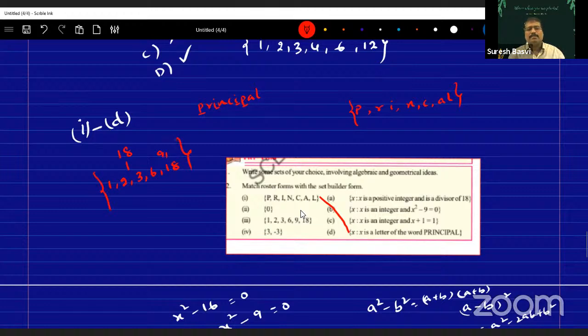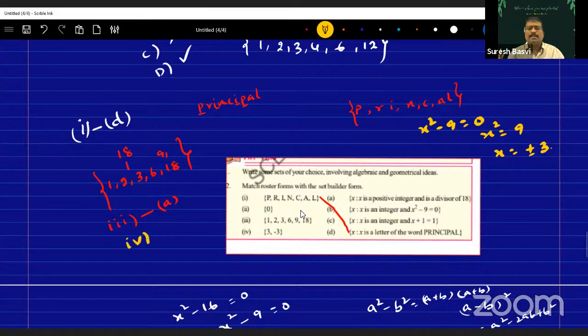So that's why 3 is A. Okay, Nana. Next, second, I am going to take x such that x is an integer and x square minus 9 is 0. So x square is equal to 9 and x is equal to plus or minus 3. So that's why 4 is going to be B.